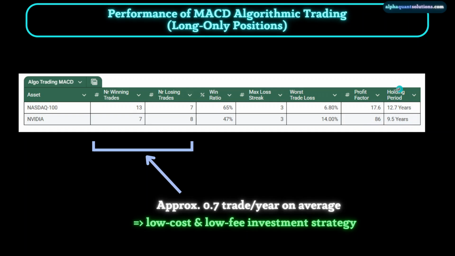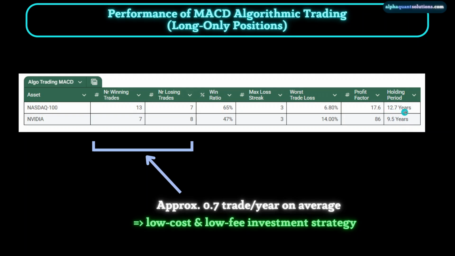And this is the holding period. When we add up all the times that we had a position on, how much time did we spend in the market? For Nasdaq, it was 12.7 years, and for NVIDIA, 9.5 years.